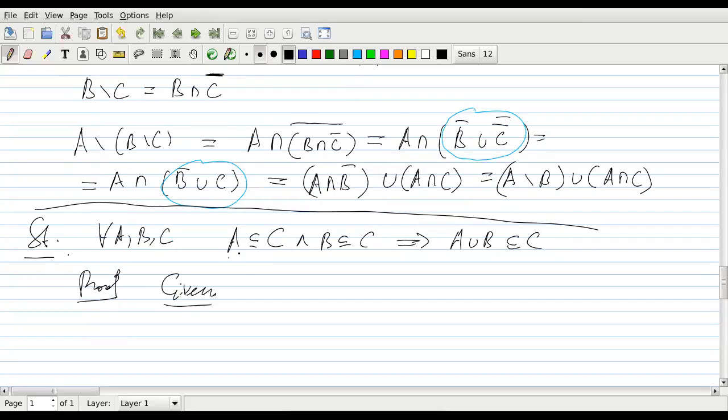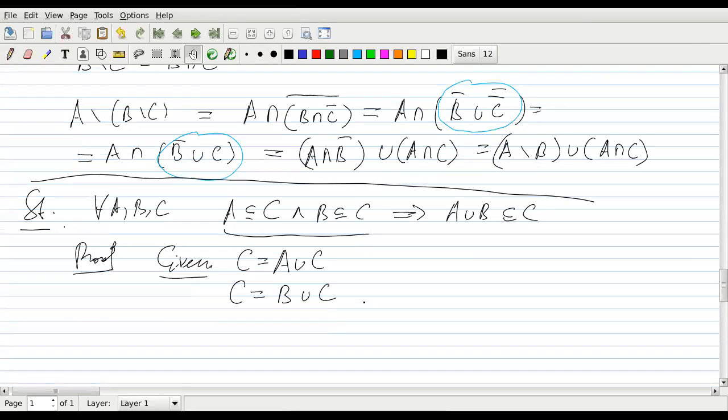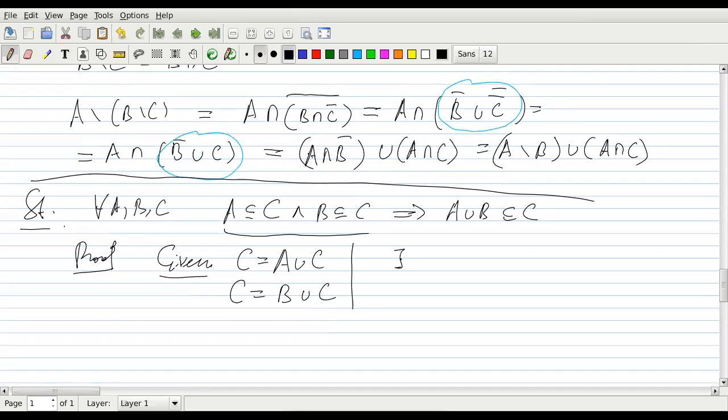Now I'm given these two inclusions, and I may rewrite them the following way: C equals the union of A and C, and also C equals the union of B and C. And I need that the union of these two sets equals C as well. How is it possible to do so?